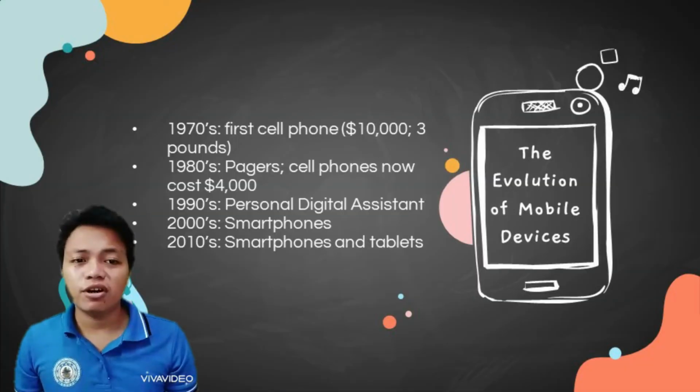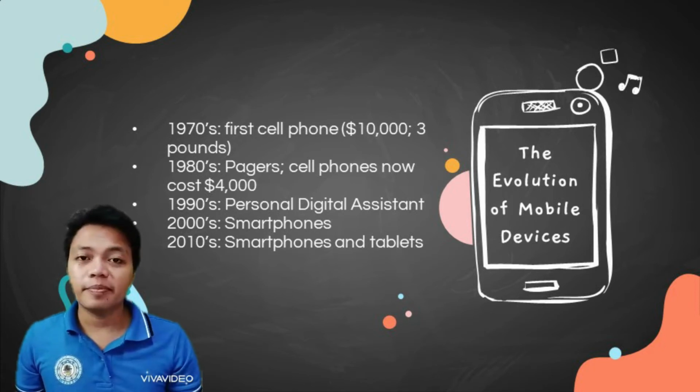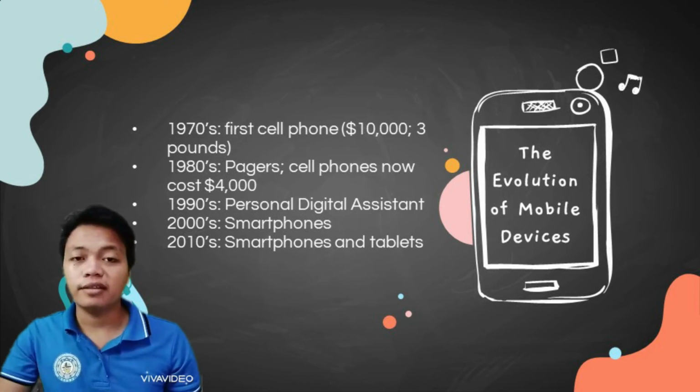The evolution of mobile devices. In the 1970s, the first cell phone cost $10,000 and weighed 3 pounds. In the 1980s, pagers, known as beepers, and cell phones cost $4,000.